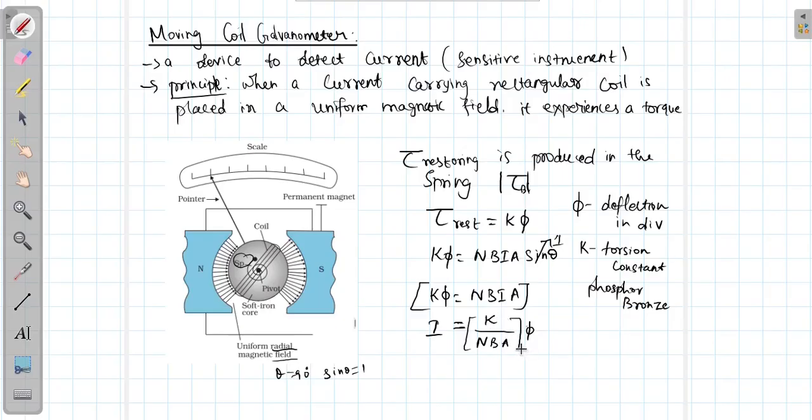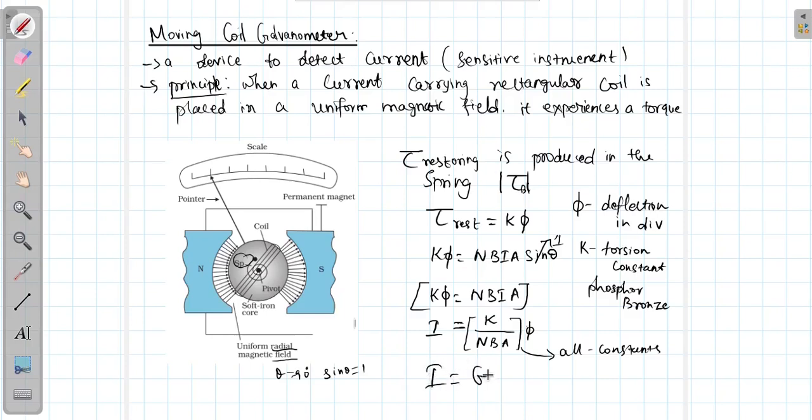Inside the bracket, all the terms are constants. K is constant, and N, B, A, the number of turns, the magnetic field because it is a permanent magnet, and the area of the coil are all fixed. They are not changing over time. This particular constant is called G, the galvanometer constant.